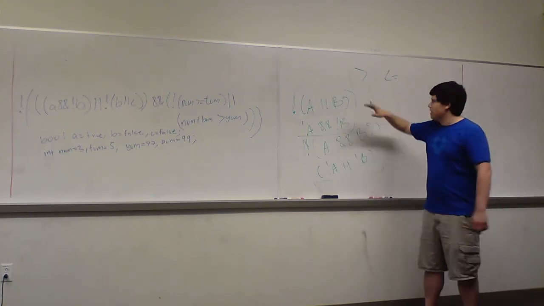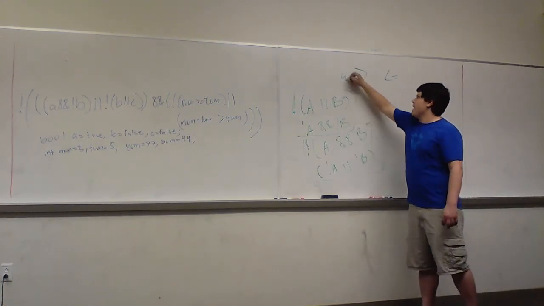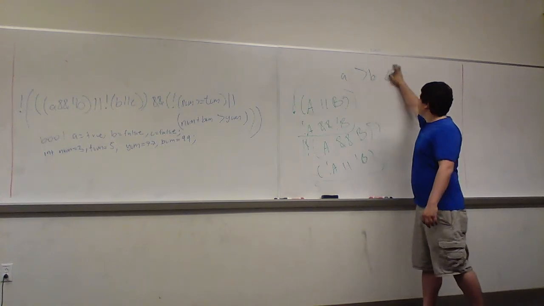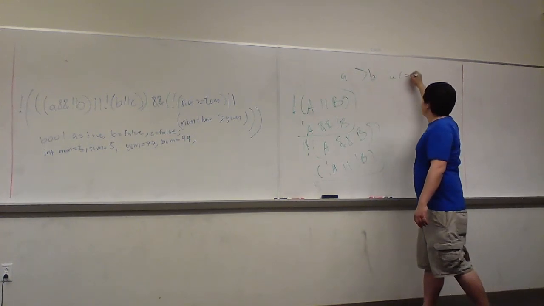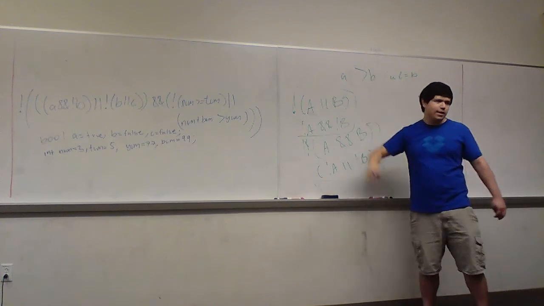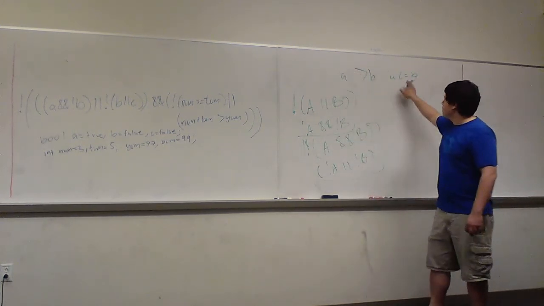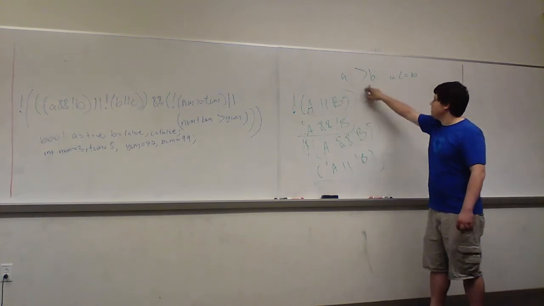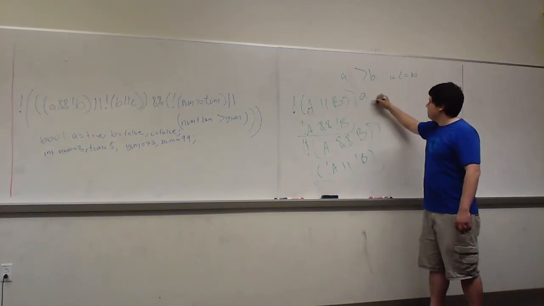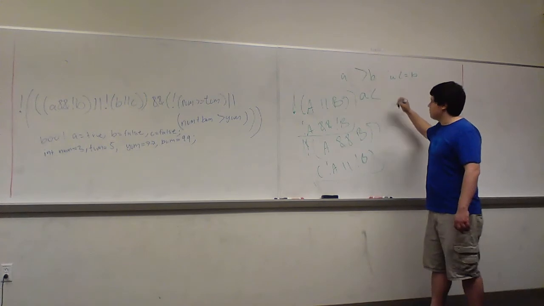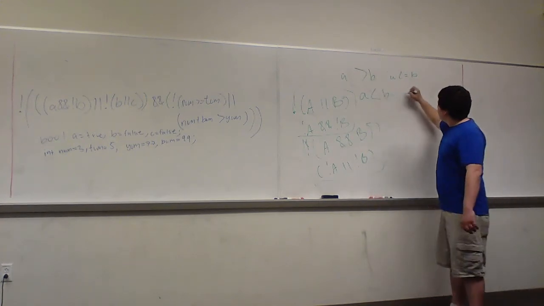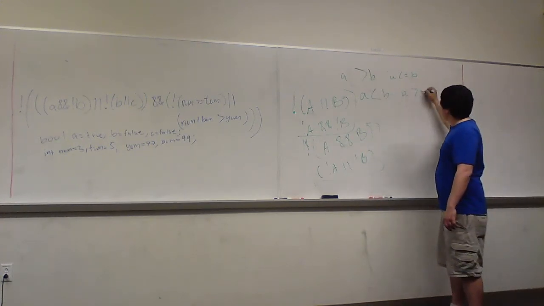Because if A is greater than or equal to B, the exact opposite is A is less than B, because this doesn't include equal to. And then vice versa. The logical opposite of this is this. And the logical opposite of less than is what? Greater than or equal to.